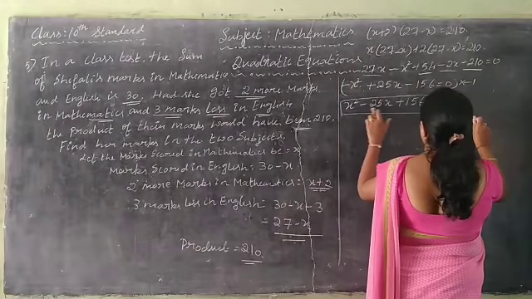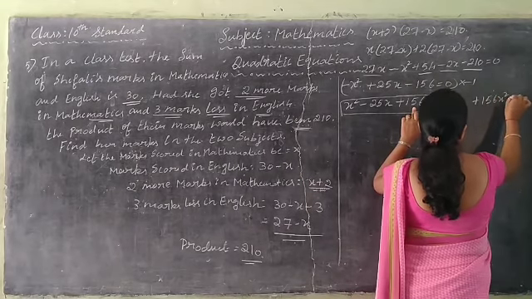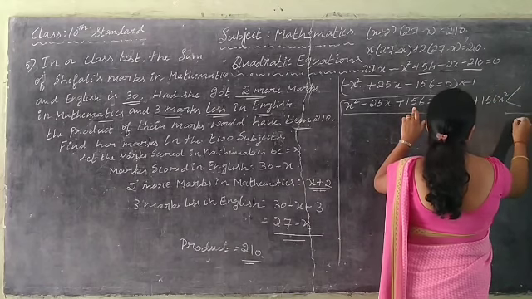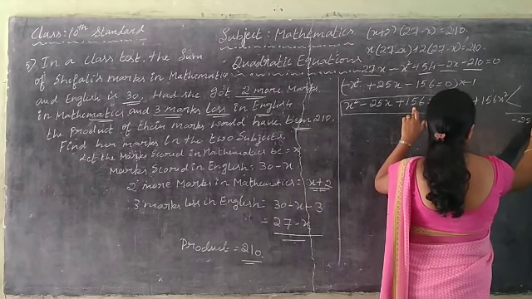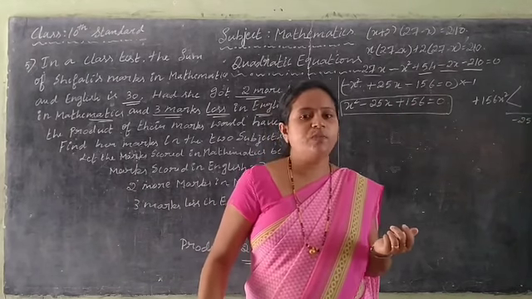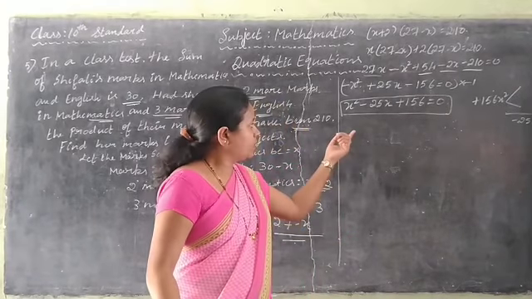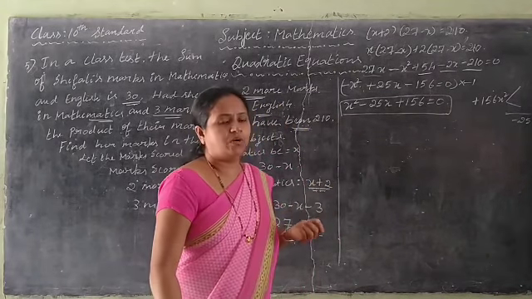So multiply the first and last term: plus 156 x square. Write the middle term here, children, 25x. Got it? So first you have to multiply the first and the last term, children, and you have to write the middle term down.